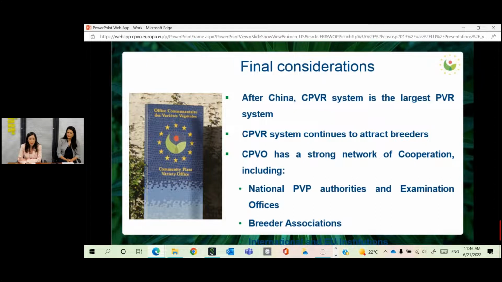which includes national plant variety right authorities and examination offices, breeder associations, international organizations, and European Union institutions.